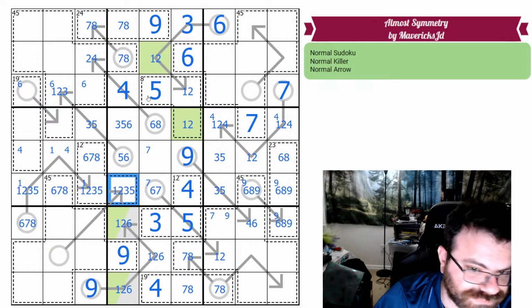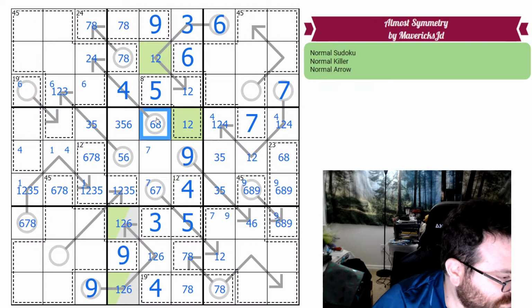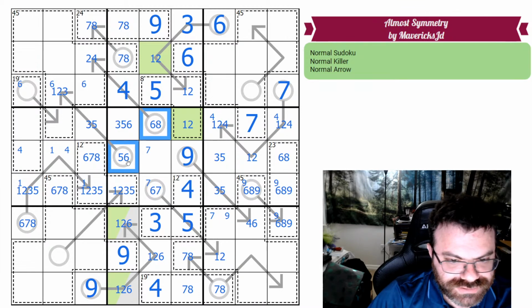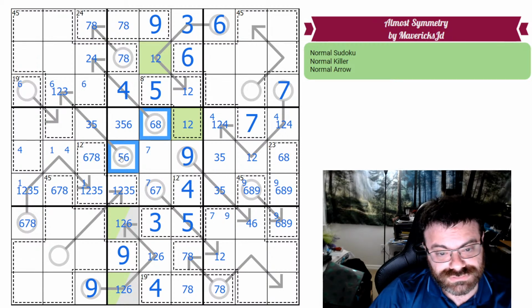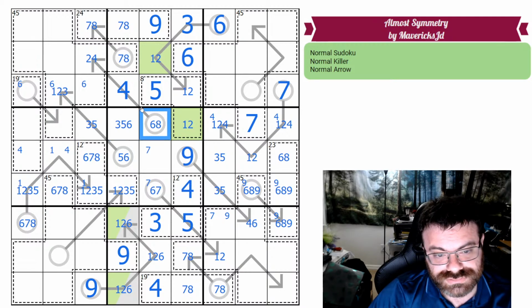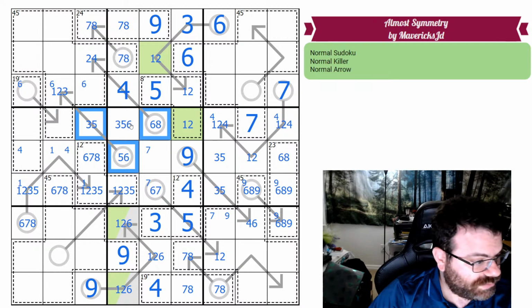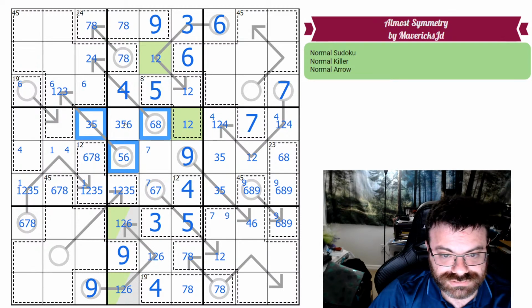If row 4 column 5 is a 6, then row 5 column 4 is a 5. Okay, so 6 here puts a 5 here, puts a 3 here, and that breaks this cell.